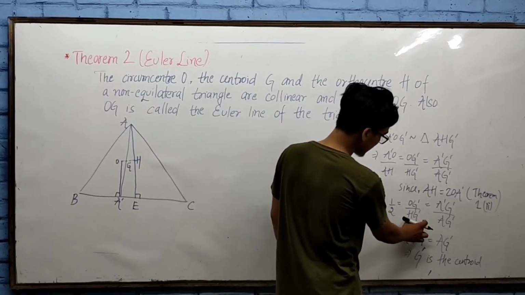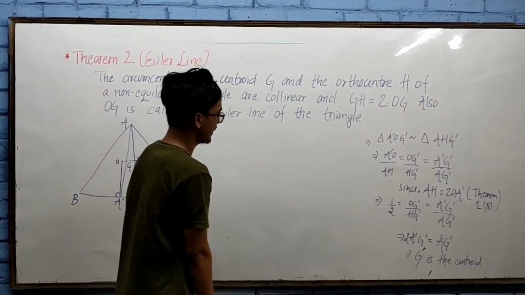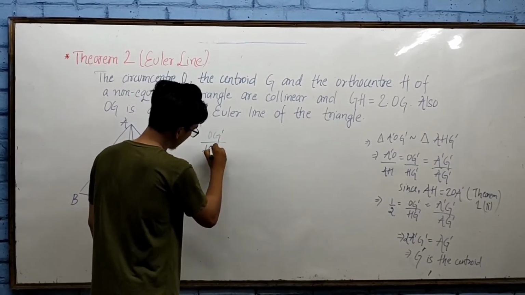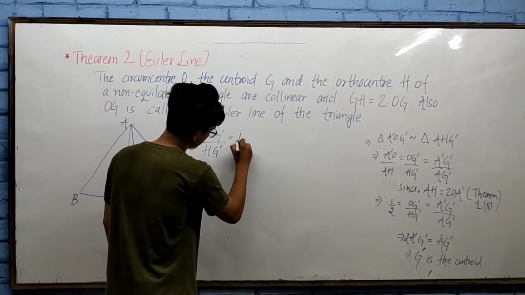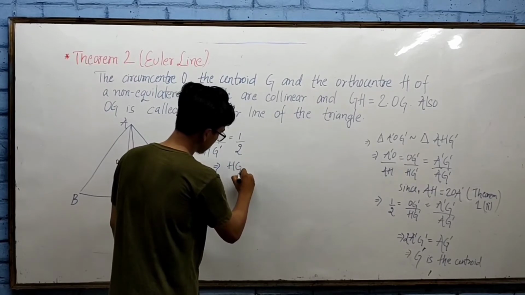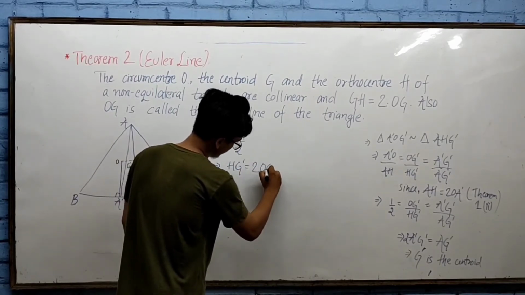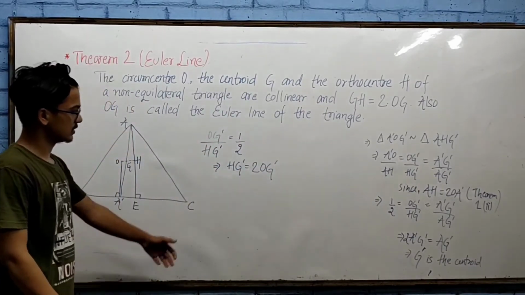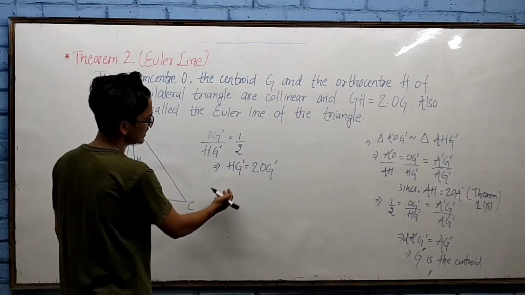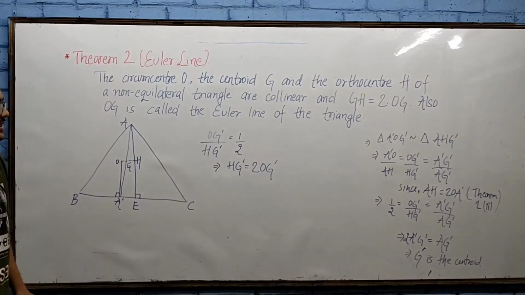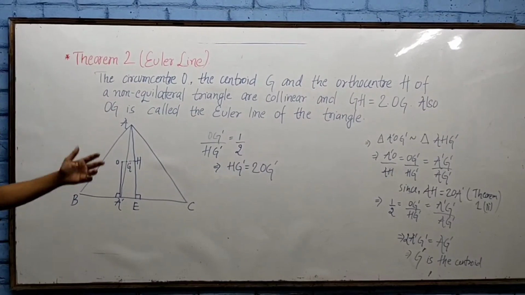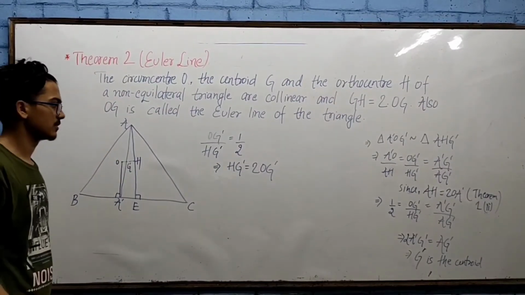Now OG dash by HG dash is also equal to 1 by 2, which implies HG dash equals 2 into OG dash. Now this G dash is actually the centroid, so if we denote it as G, then HG equals 2 OG, which is the statement of this theorem. So we have proved both the parts of this theorem.